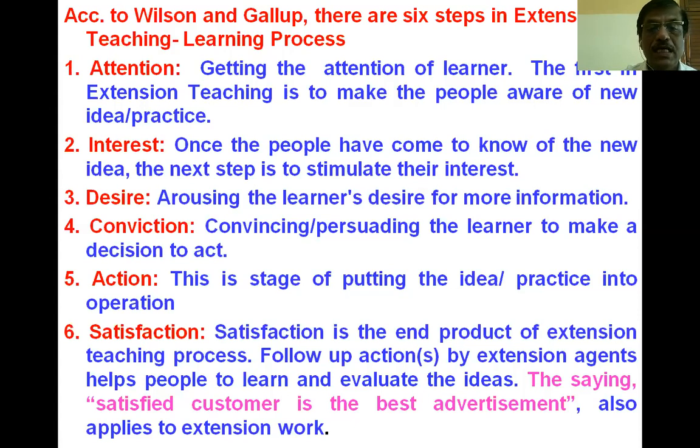Then third one is desire, arousing the learner's desire for more information, to know more and more. Then conviction: after creating the desire, convincing or persuading the learners to make the decision to act, convincing the farmers to take the decision to act.